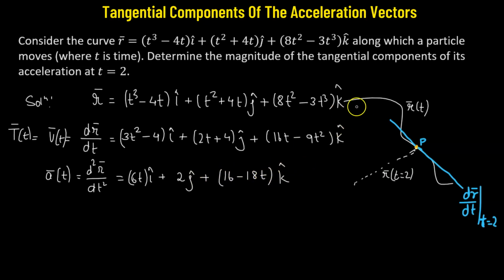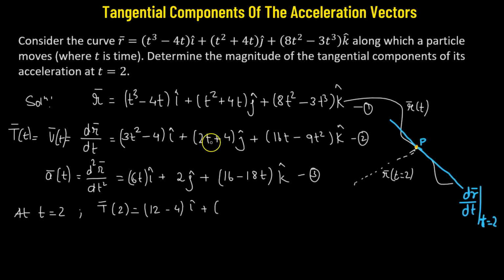Now let's label all of them as equations number 1, 2 and 3. And we'll calculate each of these vectors at the particular time t equals 2. So we'll begin with our tangential vector. At t equals 2, we simply substitute the value of t with 2. So we have 3 times 2 squared, that's 12, minus 4, so 8 i cap.